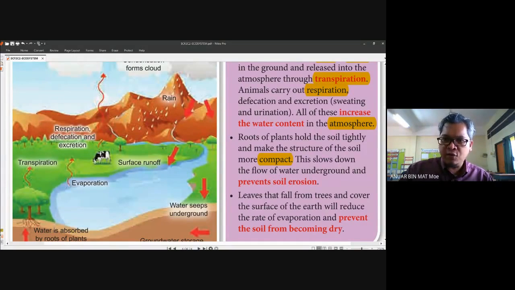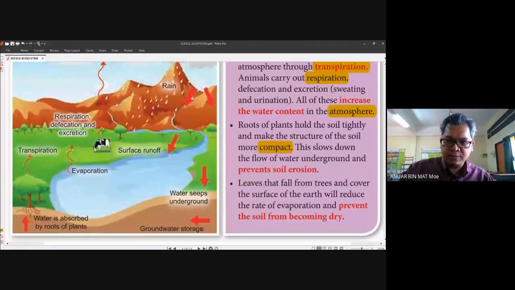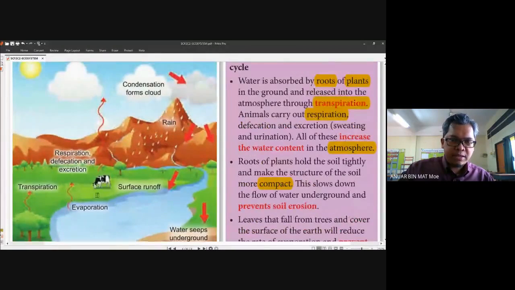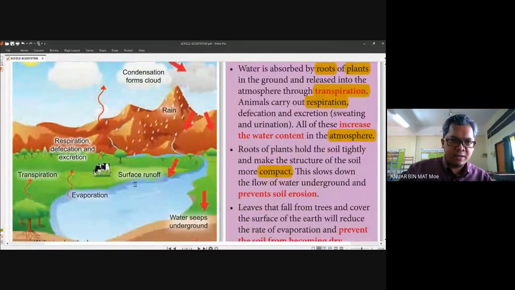This slows down the flow of water underground and prevents soil erosion. You must understand this cycle here. Water sits underground and then evaporation, transpiration. Transpiration is what? You just remember: transpiration, water coming out from the plant.